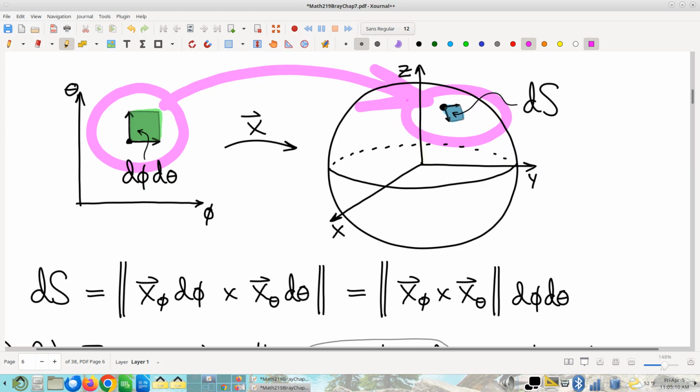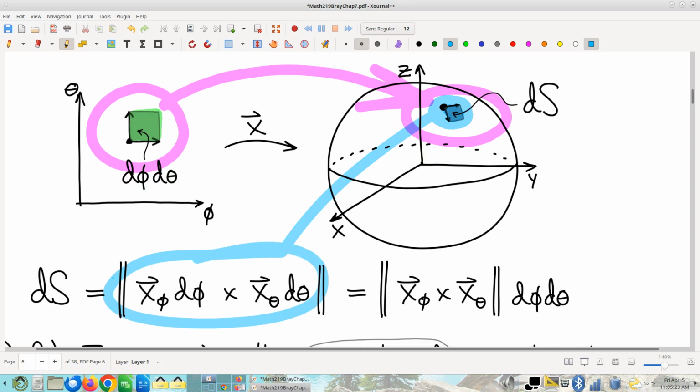Pull back, you need a stretching factor. There's a straight-up calculation for how to compute this blue area right there. It's just a parallelogram in space, and we know how to compute areas of parallelograms in space. It's the magnitude of the cross product.